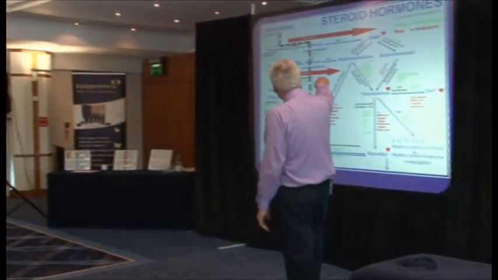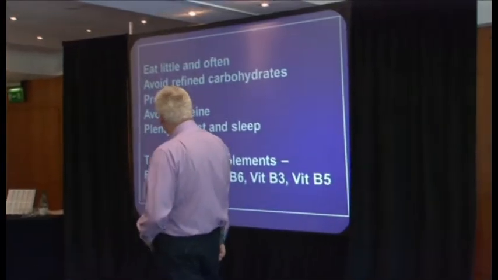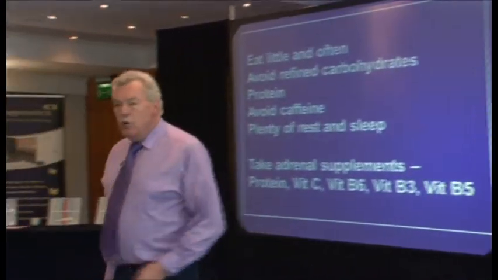Now, steroid hormones are made from cholesterol. The old way of treating people with hypoadrenia was to give them cholesterol, so it builds it out. You can imagine people on statin drugs who are driven down to 4 and even 3, they're now talking.